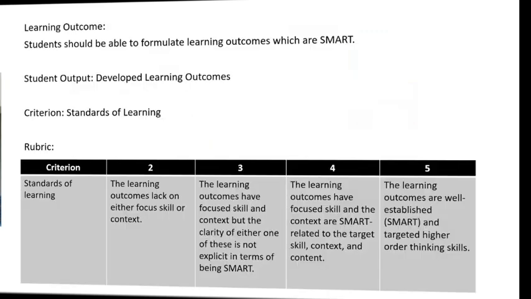In this example, the criteria for grading is standards of learning. Number 2 here represents the unistructural level, number 3 the multi-structural level, number 4 the relational, and number 5 the abstract level. Again, in the unistructural level, the student is only able to accomplish one aspect of the learning outcome.